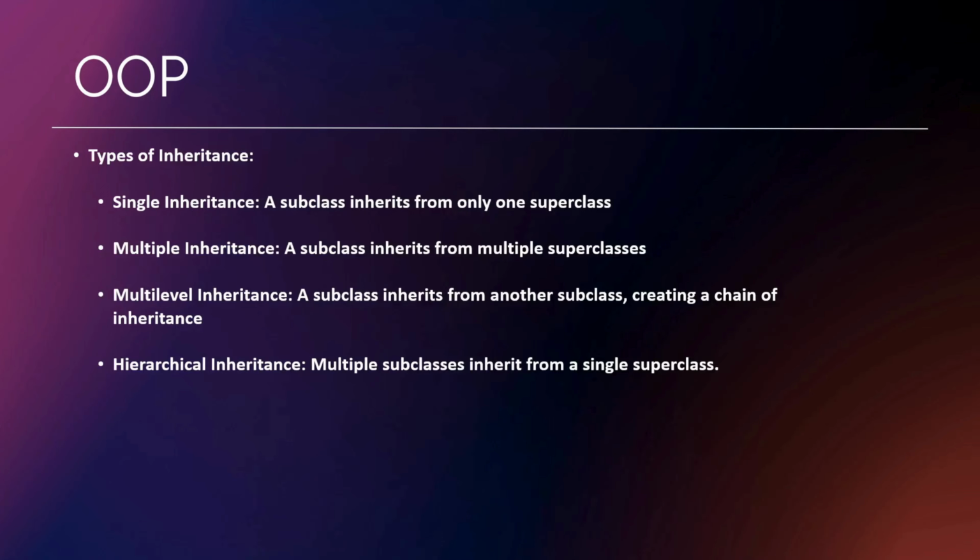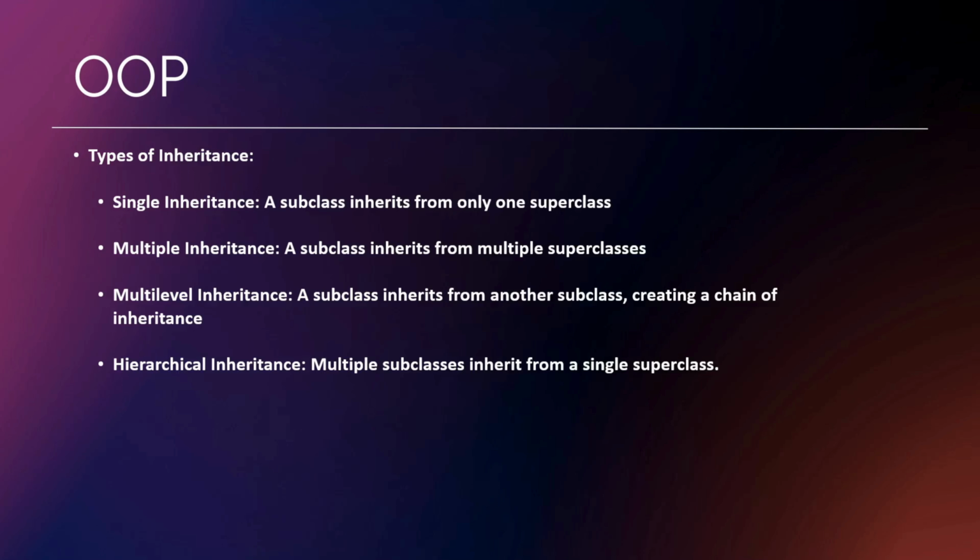So there are different types of inheritance, that is single inheritance: one subclass inherits from one superclass. Multiple inheritance is that one subclass inherits from multiple superclasses, like there are three or four parents, and then there is one, let's say, child. Then there is multi-level inheritance, that is, it kind of creates a chain.